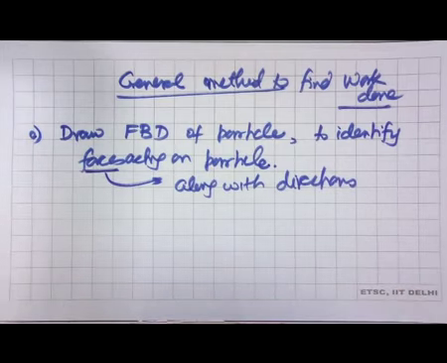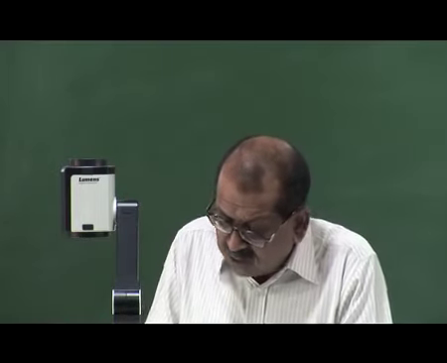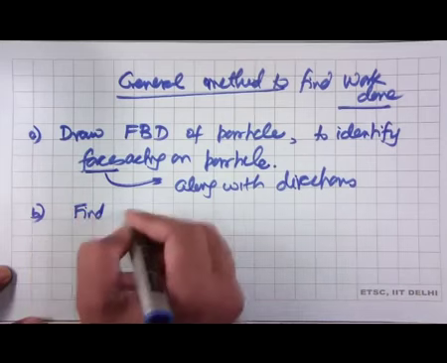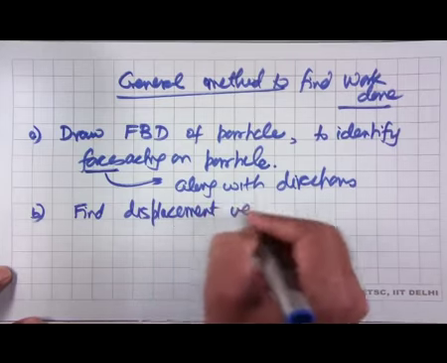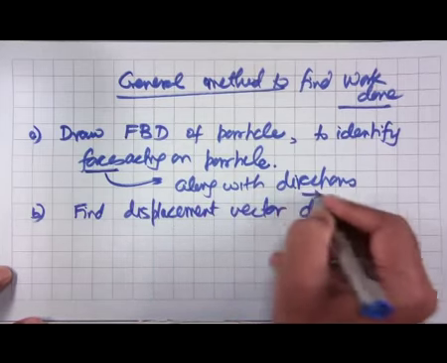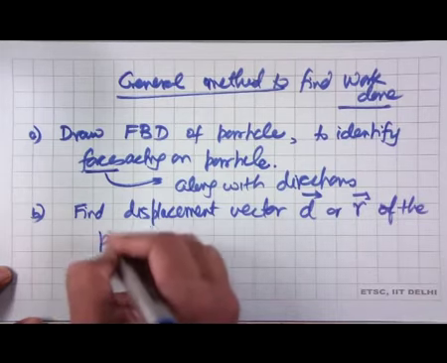Some of these forces will be known, some of them will be unknown, and they will come by a force balance. And the other thing which you will have to do is then you find the displacement vector d, or sometimes we use r, of the particle.